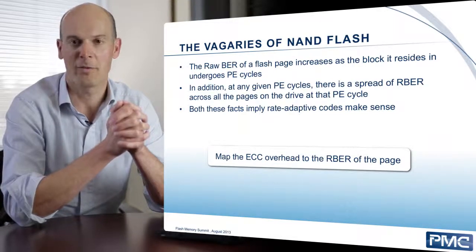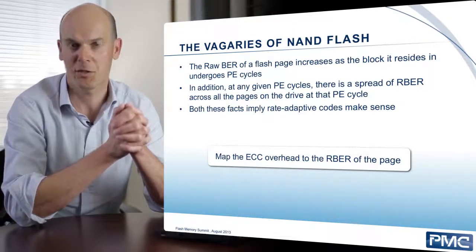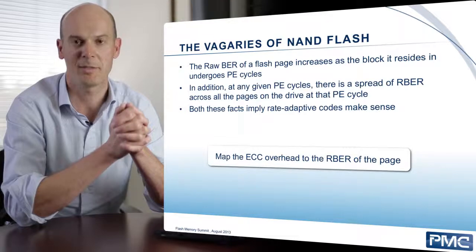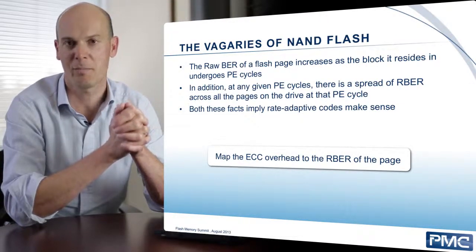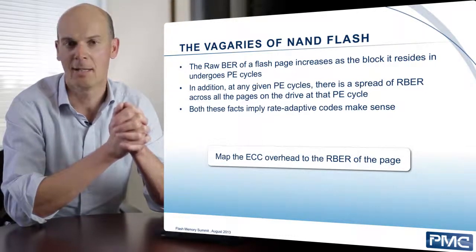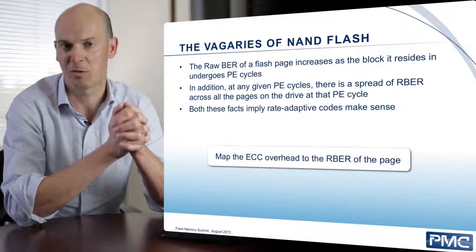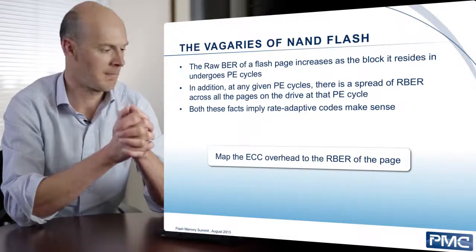So the problem that you face is you want to continue to use the medium, but it's becoming inherently unstable. A flash controller, such as those developed by PMC-Sierra, helps mitigate that effect and ensures that even though the medium that you're storing the data on is unreliable, you're able to get it back. One of the mechanisms we would use to do this is error correction, or error correction control.